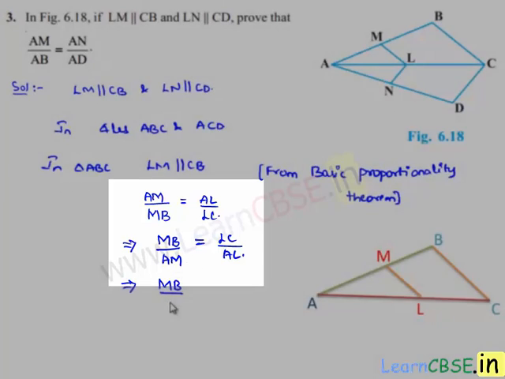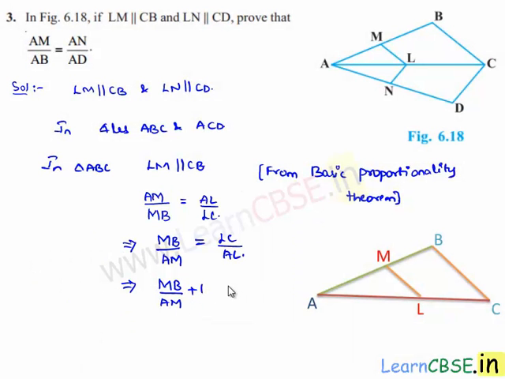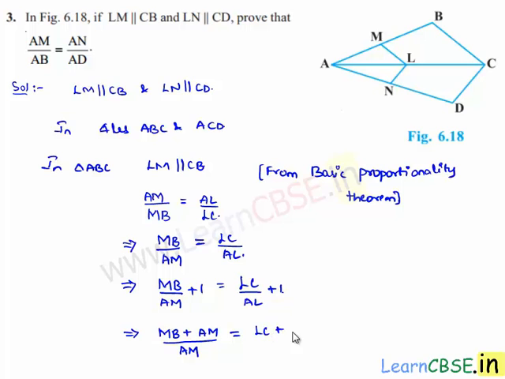Then we get MB by AM plus 1 is equal to LC by AL plus 1, which implies here the numerator becomes MB plus AM by taking AM as LCM, which is equal to, here the numerator becomes LC plus AL divided by AL, which implies MB plus AM is nothing but AB whole divided by, let AM remain as it is, which is equal to LC plus AL is nothing but AC whole divided by AL, let it remain as it is.